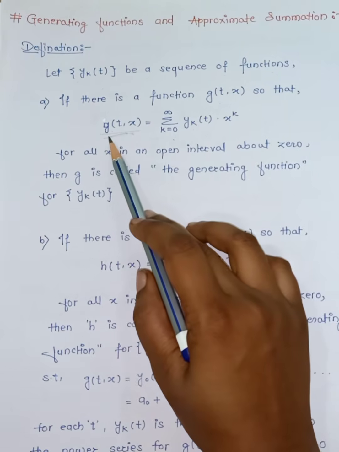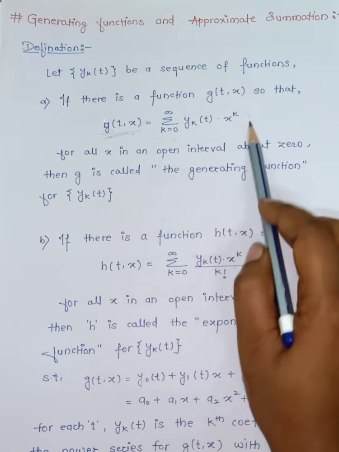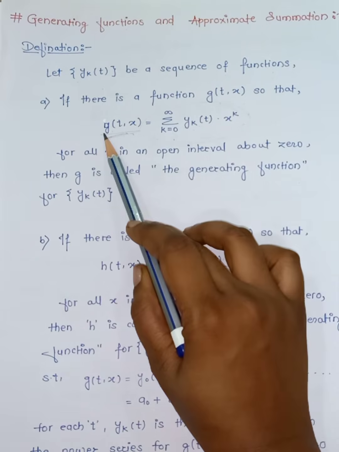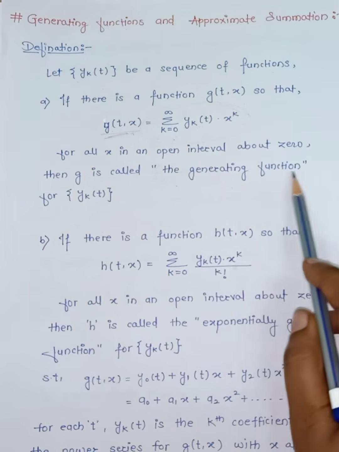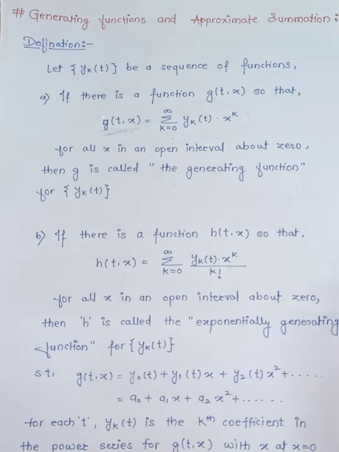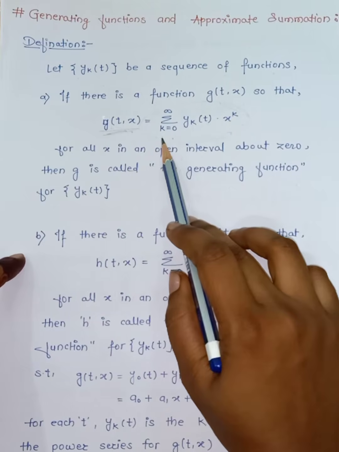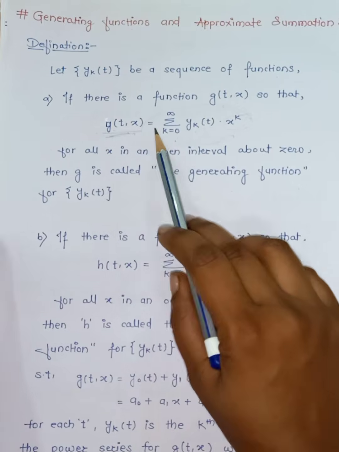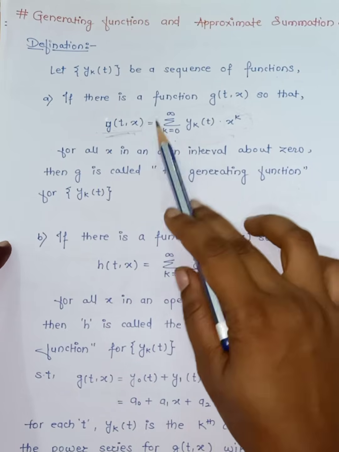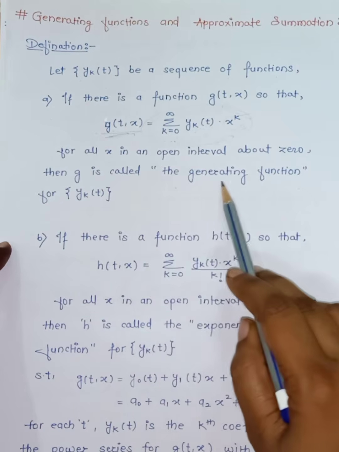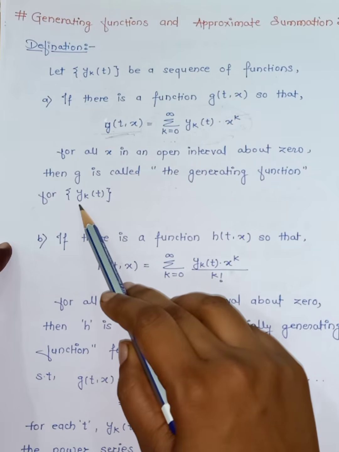If we can express g(t,x) in this summation form, then we say that g(t,x) is the generating function of y_k(t). So if g(t,x) is expressed as the summation of this power series, then this will be considered the generating function for the sequence y_k(t).